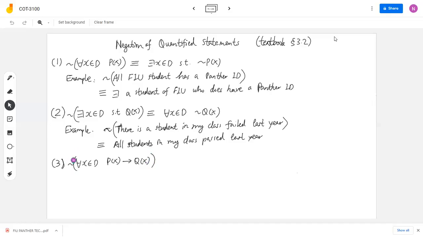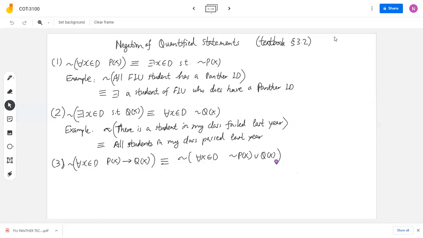Okay, let's see what it means. Remember this implication, if P(x) then Q(x), we can write as for all x in D, either not P(x) or Q(x).